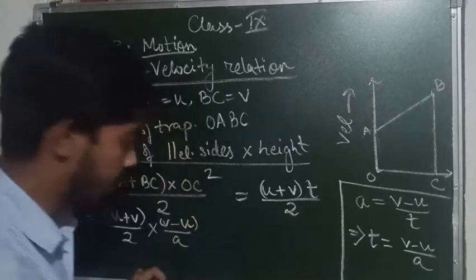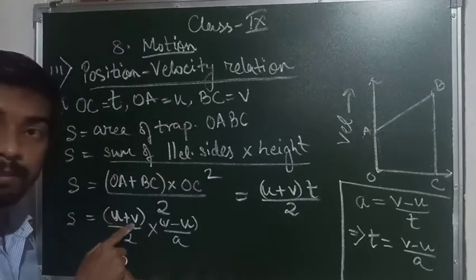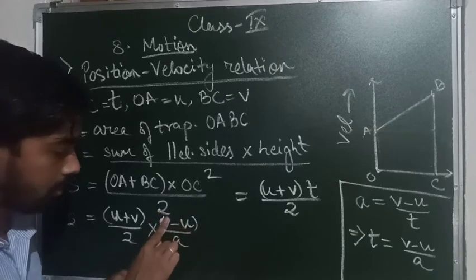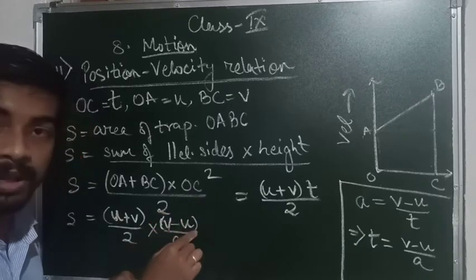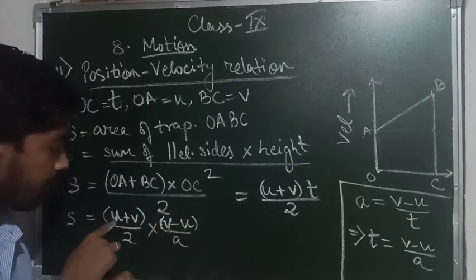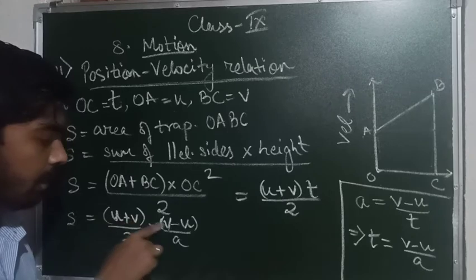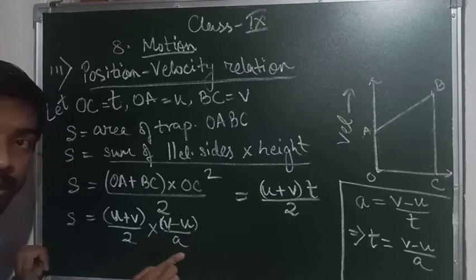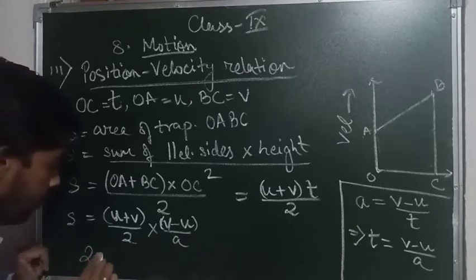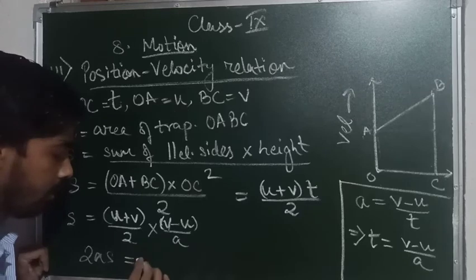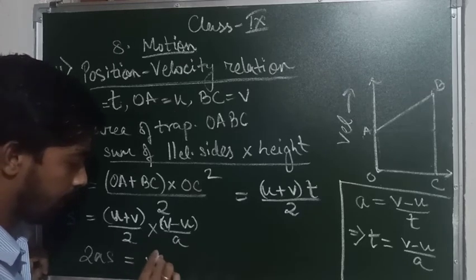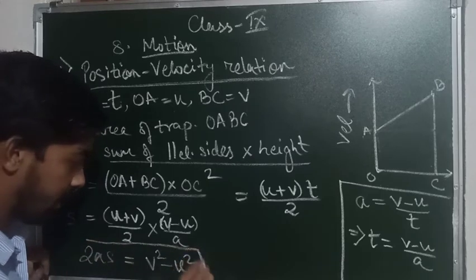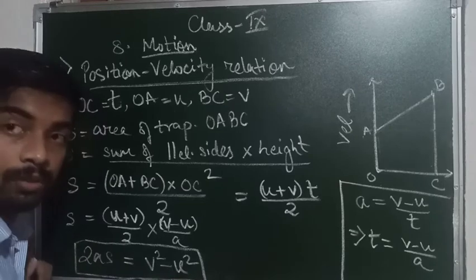If you see in this part, u plus v is in the form of a plus b, and v minus u, if we take v as a, u as b, a plus b into a minus b, this gives us the formula, and 2a will come to this side, so it will become 2as, and here we will get v square minus u square. So this is our third equation of motion.